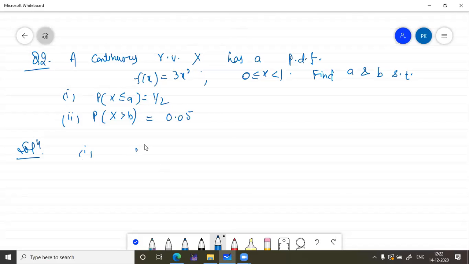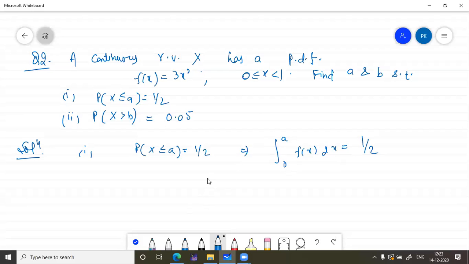First point में देखो probability of x is less than a equals to half. What does it mean? It means that integral 0 to a f of x dx is equal to 1 by 2.